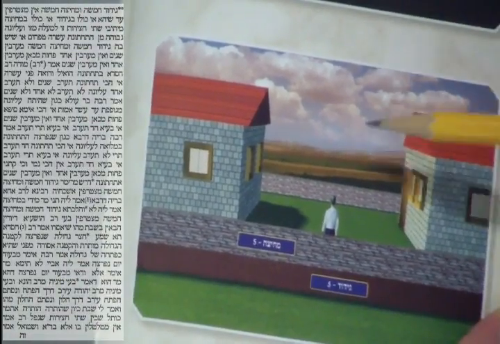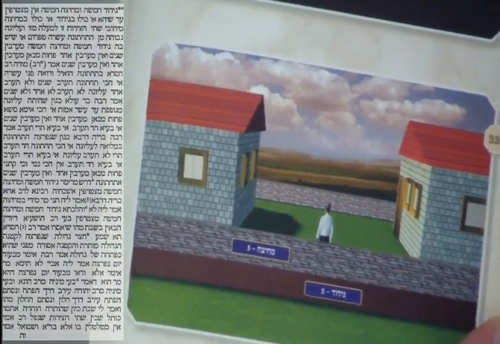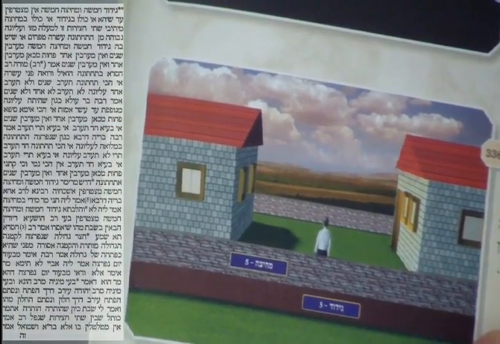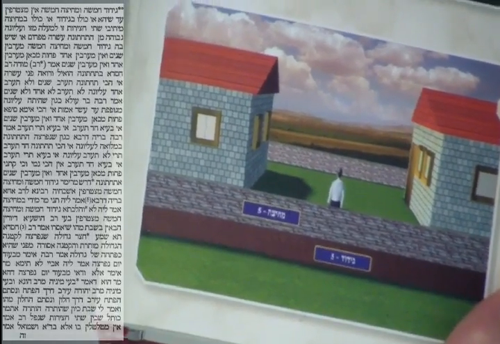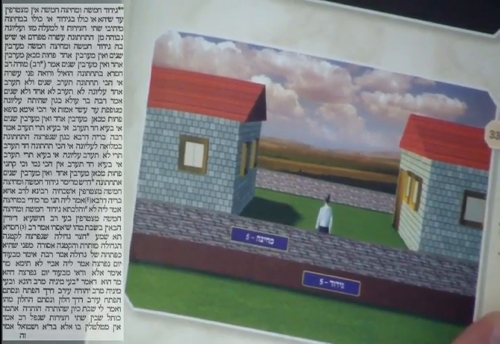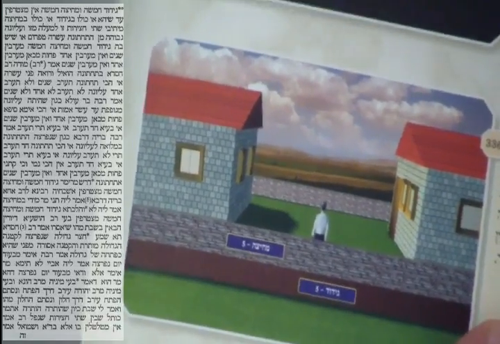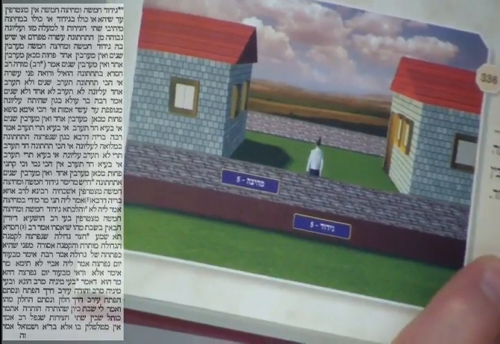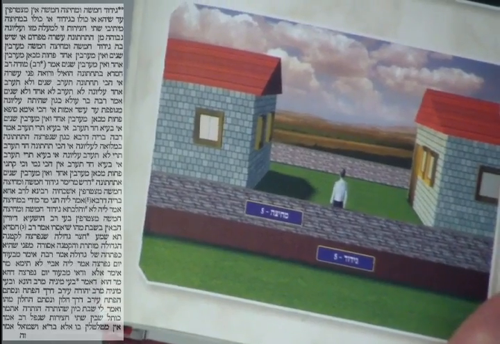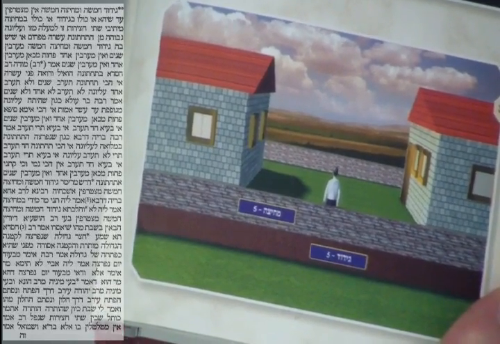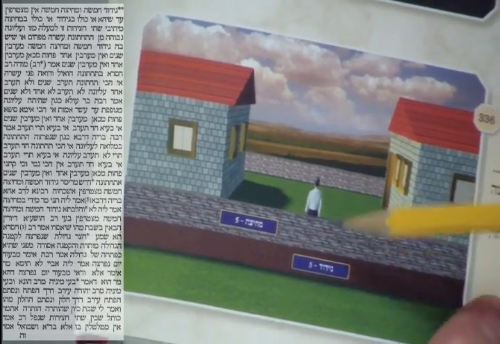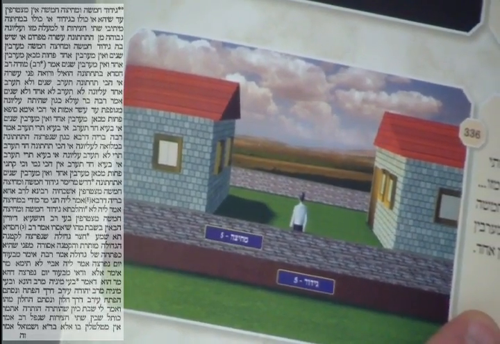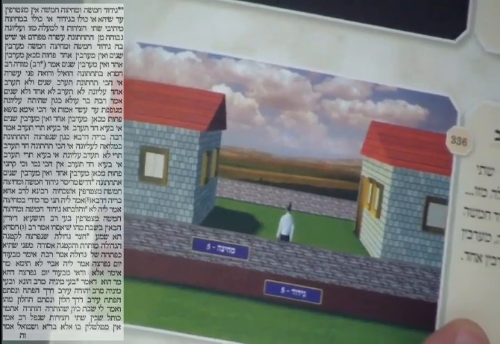The top one doesn't need to bother, which means, because it's open to the bottom one, it cannot have neither one nor two eruvin. Why? Because they have this opening, totally open to the bottom one.